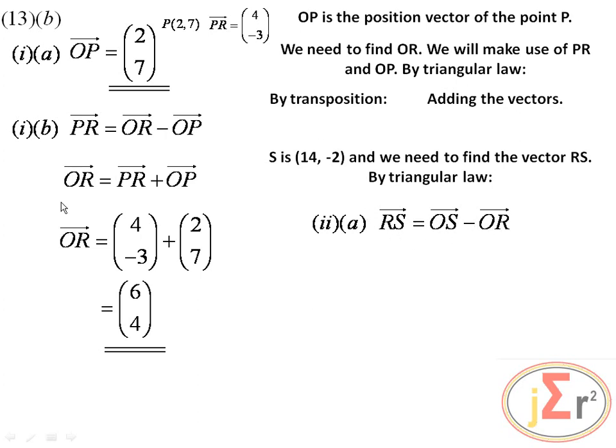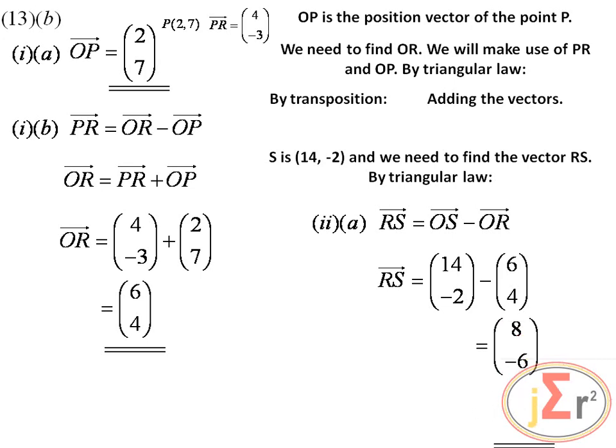We have OR here and OS can be determined by using its coordinates. So there we have RS is equal to 14, negative 2 minus 6, 4. That turns out to be 8, negative 6.